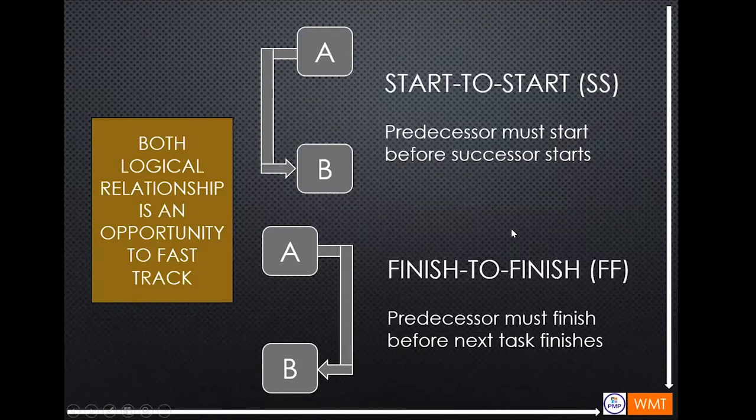Then the start to start, or SS, is where the predecessor must start before the successor starts. And then the finish to finish is where a predecessor must finish before the next task finishes. Both of these logical relationships are an opportunity to fast track the schedule.